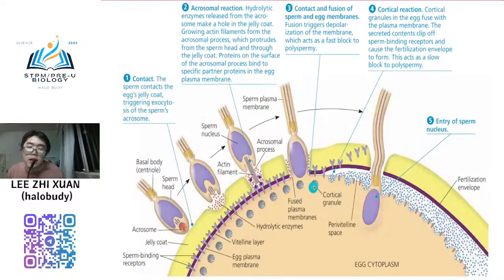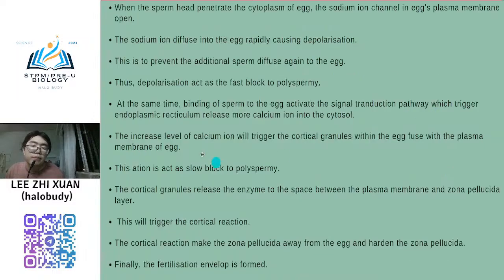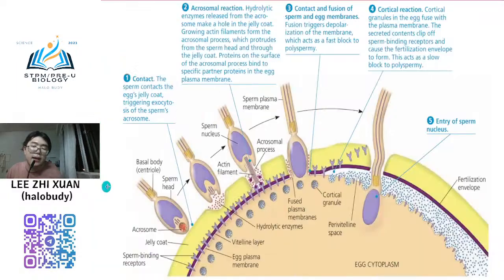So the cortical granules start to fuse to the plasma membrane of the secondary oocyte. Why do the cortical granules want to fuse to the plasma membrane? Because the cortical granules secrete their content, which is normally enzymes to break down and create a space between the plasma membrane and the zona pellucida layer like this.